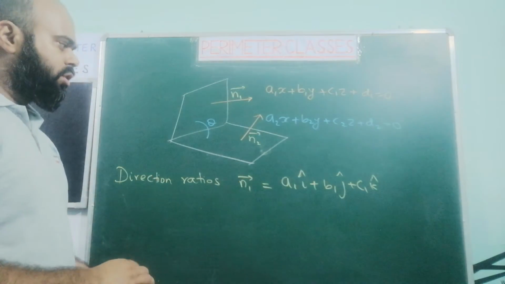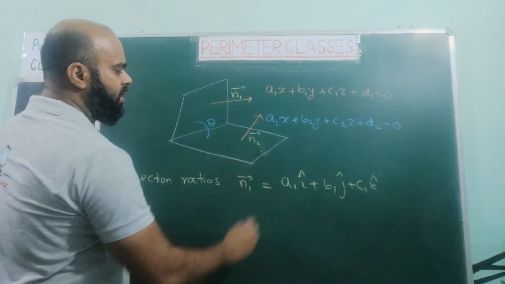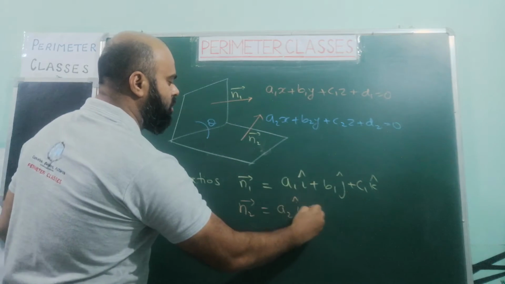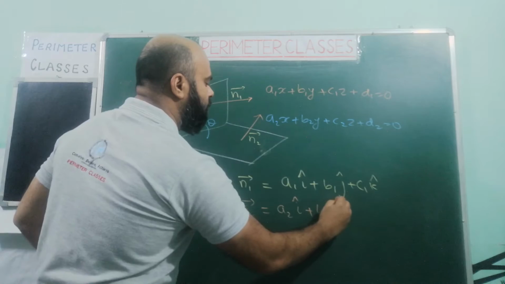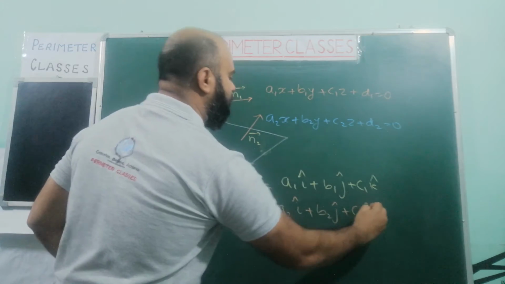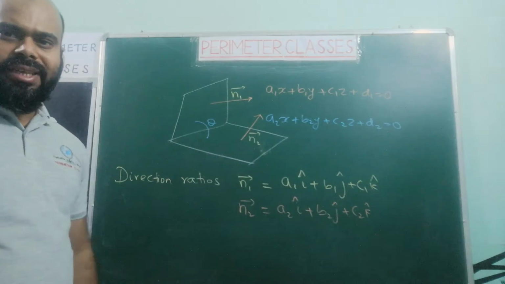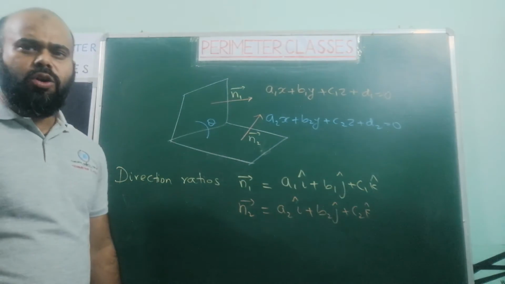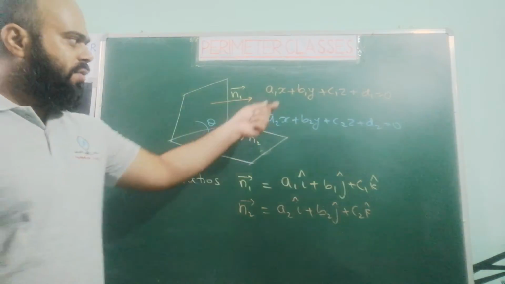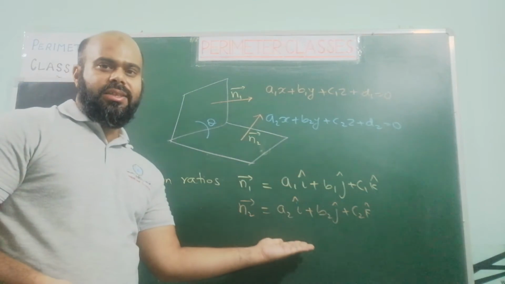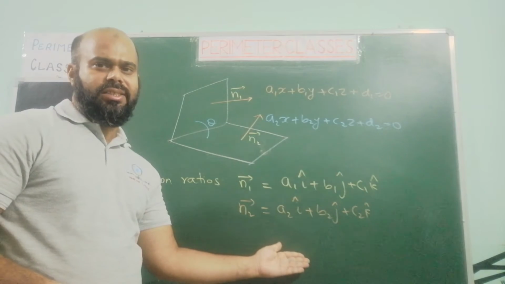The normal vector to the second plane will be a2 i cap plus b2 j cap plus c2 k cap. Now as we know, the angle between the planes is the same as the angle between the normals, because if I take this blackboard as a plane, and I put my hand here like this, this is another plane. Suppose like this it is here.